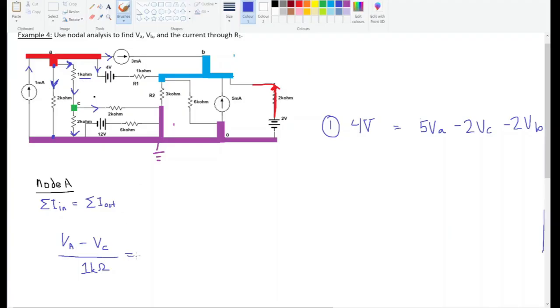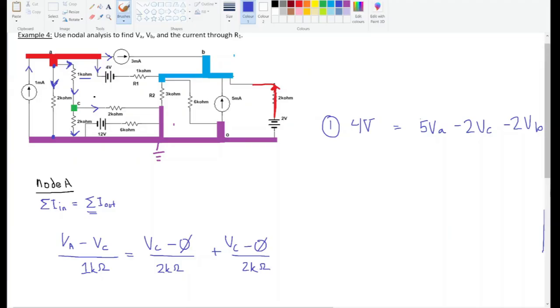The current going in has to equal the current going out. This one goes from C into the ground, so it's VC minus 0 over 2 kilo ohms. And we're adding, because it's a summation of currents out. This other current is also VC minus 0, because it's going to ground, also over 2 kilo ohms.